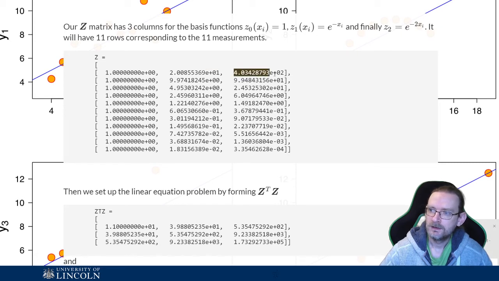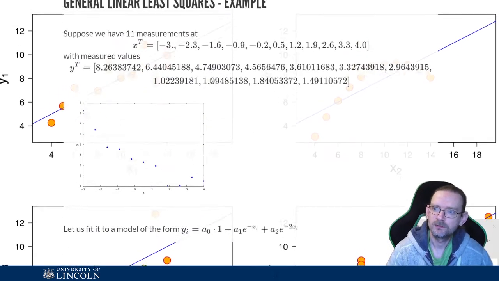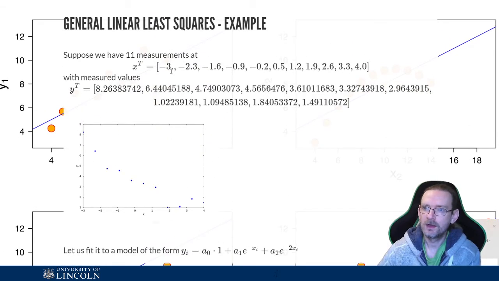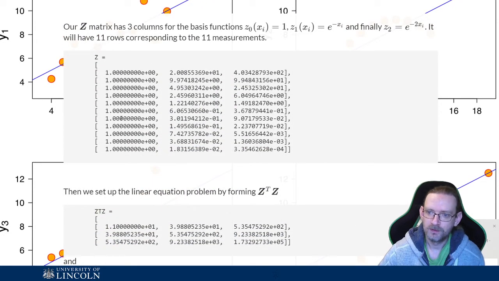And then e to the 6, so e to the minus 2 times minus 3. Then we evaluate these same functions at the second point, which is minus 2.3. So 1 evaluated at that point, e to the minus x, e to the minus 2x. And then we go down for all the data points. We've got 11 data points, so a matrix with 11 rows corresponding to the different points, and 3 columns corresponding to the different basis functions.